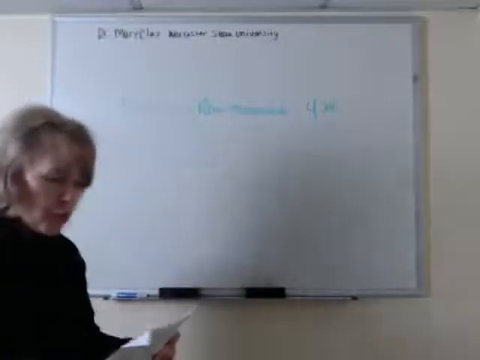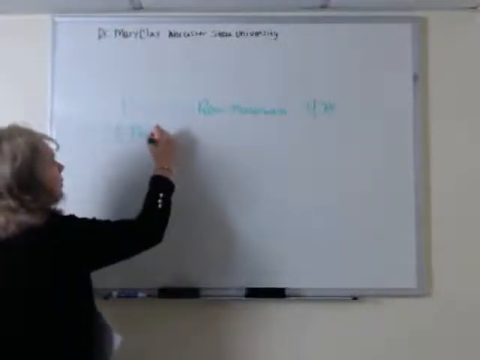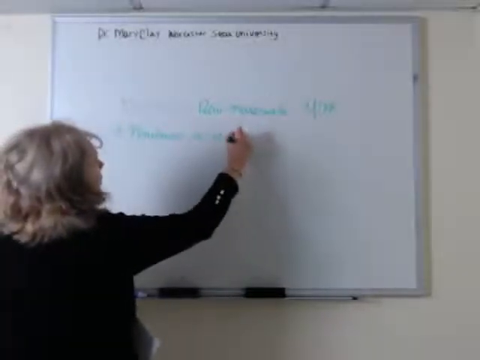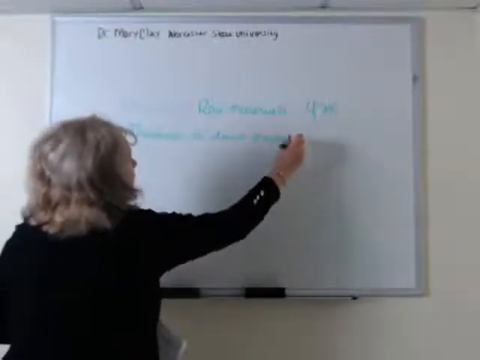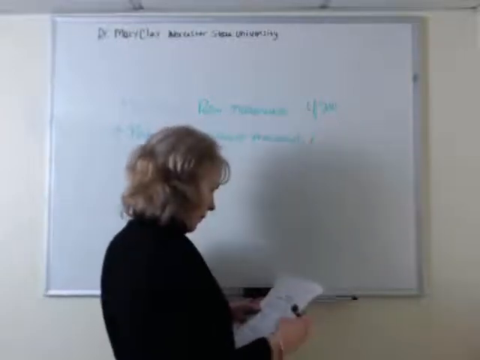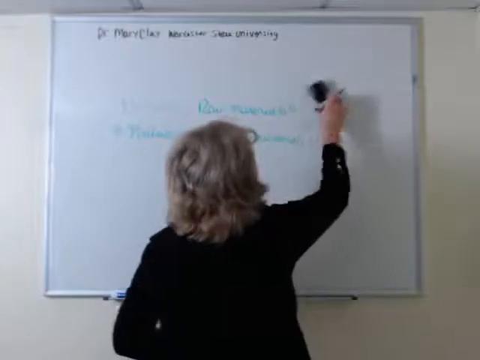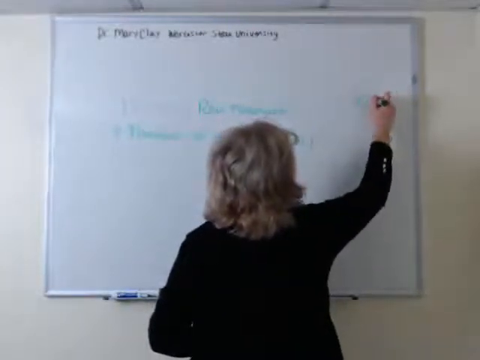Next item is purchases of direct materials. That is 16,000. Okay, let me just so you're clear. When you work in the lab, this will be on the far right column.